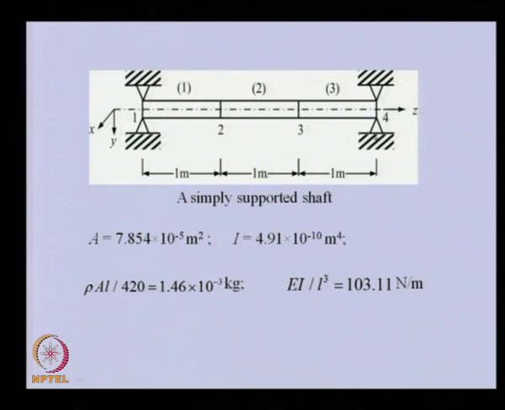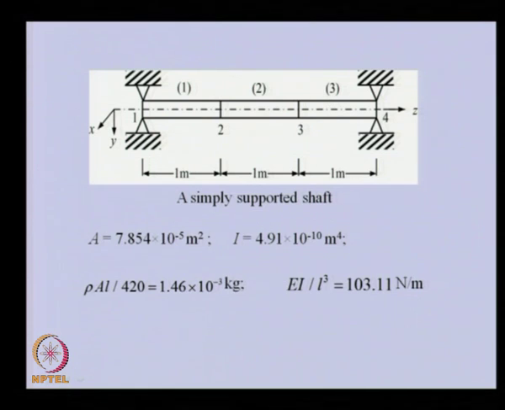For analysis and illustration purposes, I have divided this shaft into 3 elements. We could have divided it into more elements to get more accuracy, but for showing the elemental and assembled matrices, this 3 element model will be more meaningful.